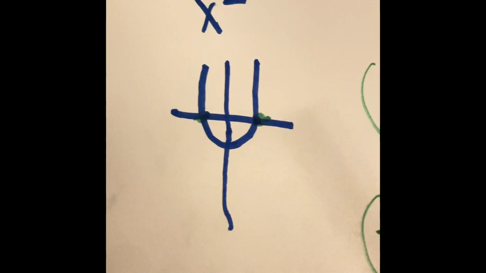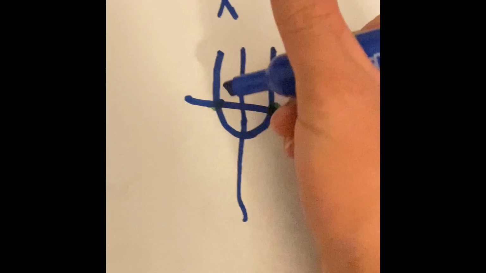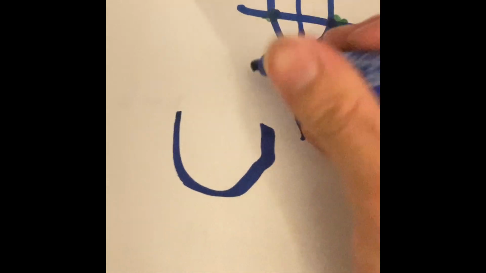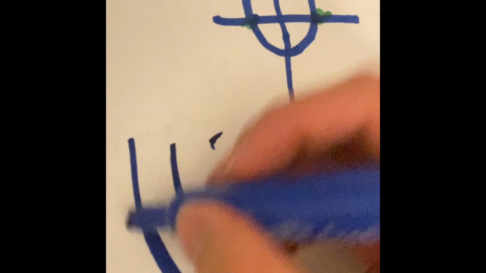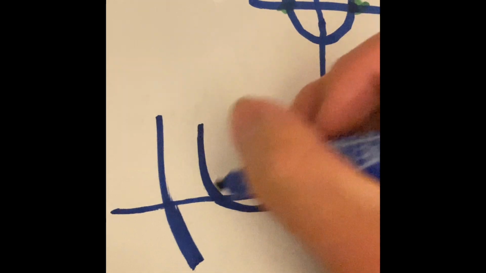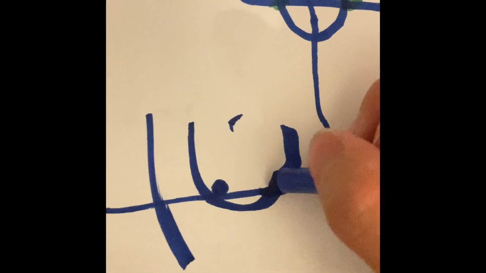On the graph we just showed you, we had an example of something that looks like this, and we had 2 right here and 4 right there: (2, 0) as a point and (4, 0) as a point as well.